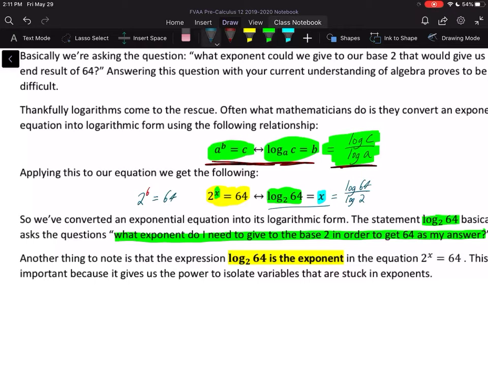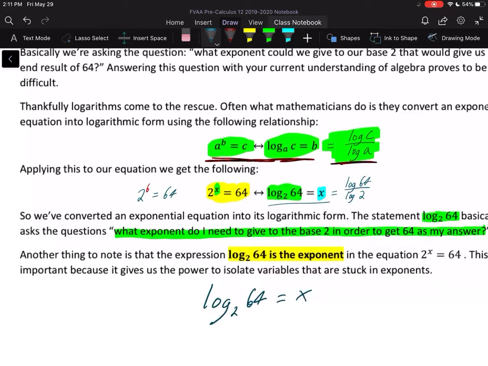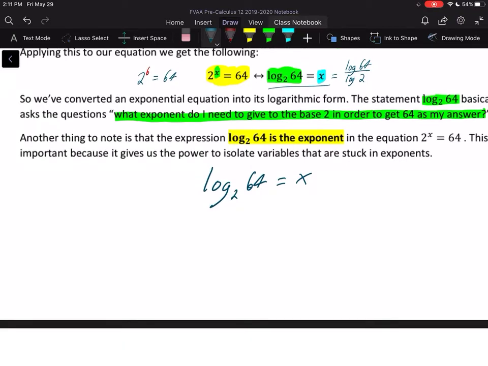Because log base 2 of 64 is equal to x, then essentially what you're saying is 2 to the power of log base 2 of 64 is equal to 64.